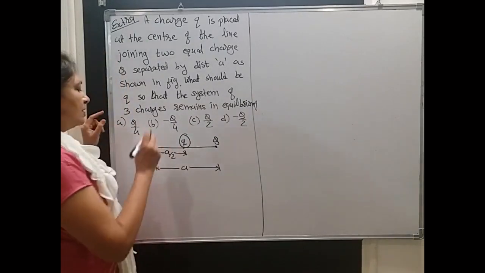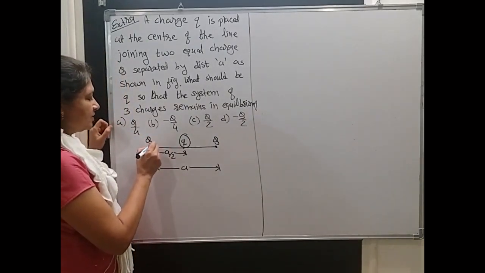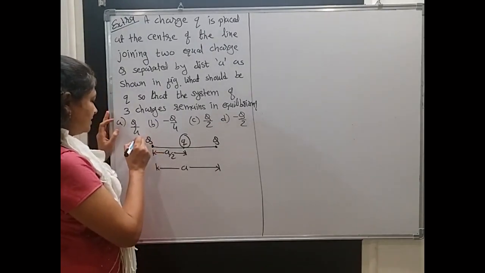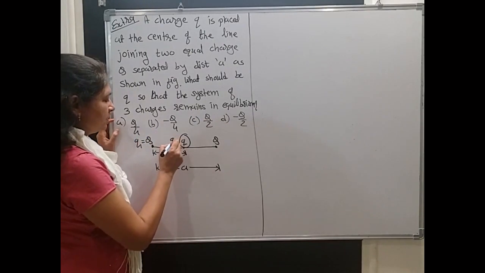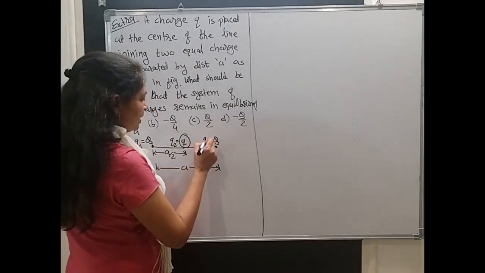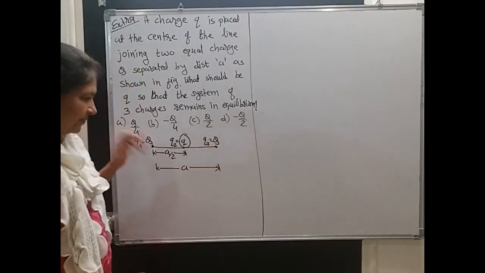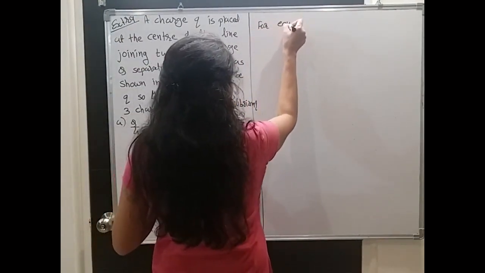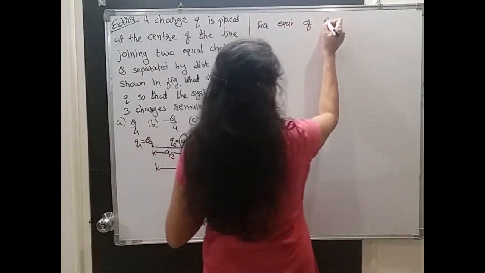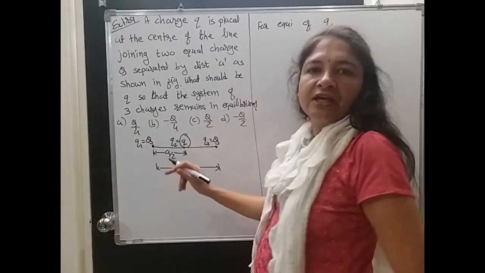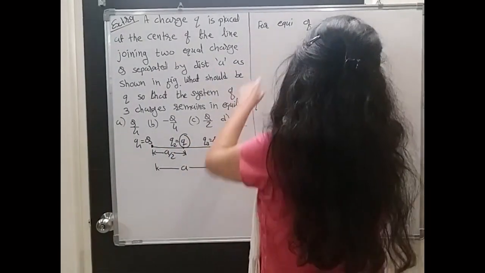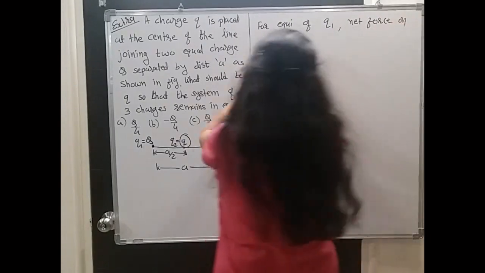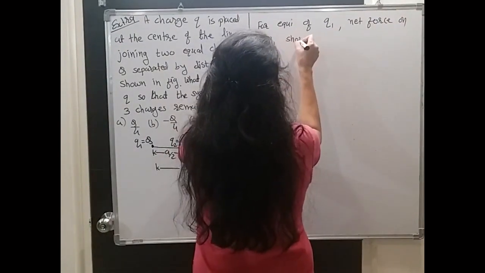Okay, so for that I will consider equilibrium of charge Q which is at the left side. I will say this is my Q1, this is my Q2 and this is my Q3. So for equilibrium of Q1, net force on Q1 should be 0.